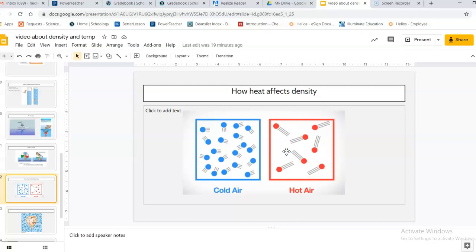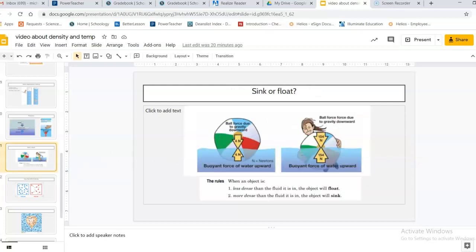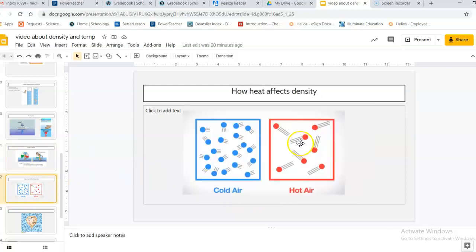So it becomes less dense. Hot air is usually less dense than cold air. That explains why hot air rises. Because hot air is less dense than cold air, it rises up, or it floats. We just talked about how something less dense in a fluid will float. We can think of hot air rising as hot air floating up.